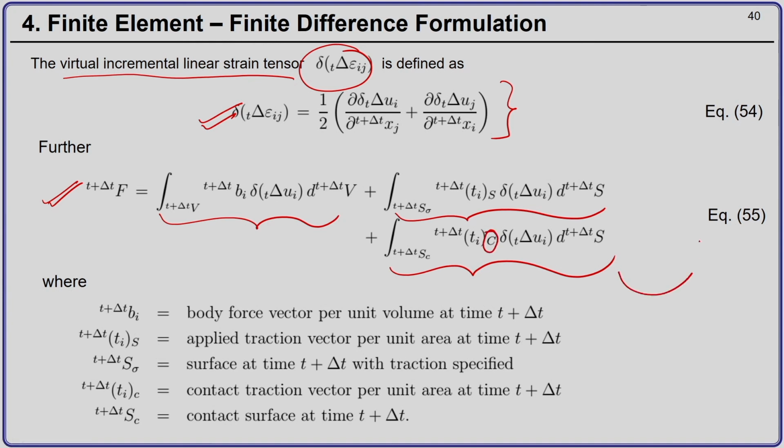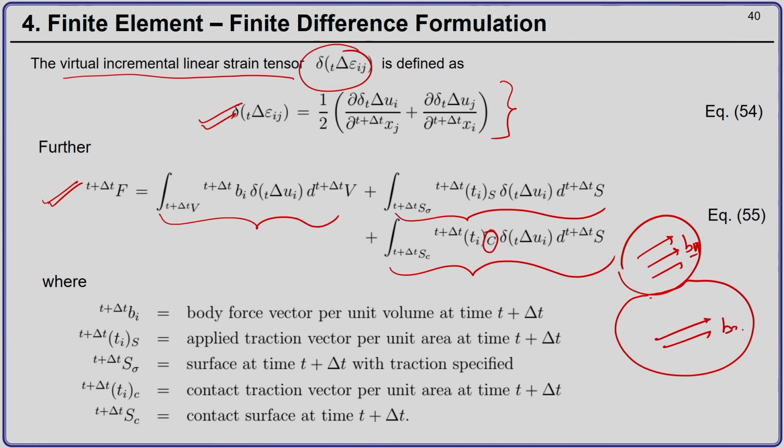Say you have these two bodies. You will have body forces inside the body, B 1 and B 2, and you may have applied external tractions other than the contact tractions. The nature of the tractions on the surface and on the contact surface remains the same, but we will distinguish between what is applied externally and what is because of the contact.